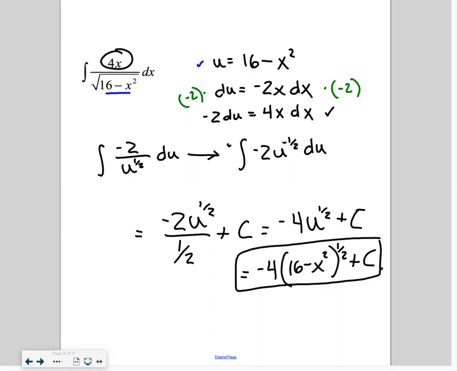That one was kind of tough, especially as your first one on your own, because we had the root in the denominator, and you had to bring the exponent up and make it negative. But when we do stations, there's going to be a couple like this, so you'll have practice on it.